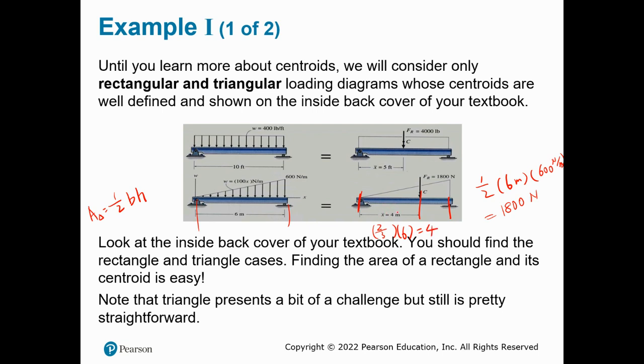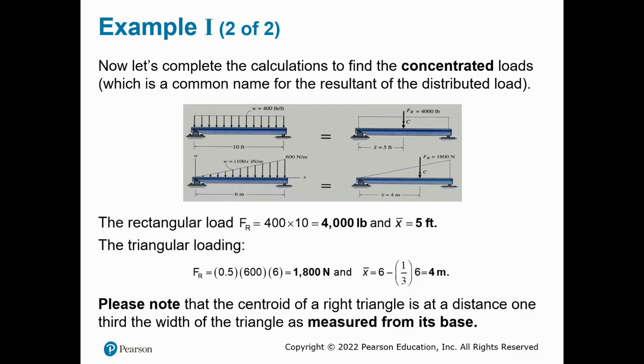The centroid of this triangle is 2/3 from the top and 1/3 from the base, and 1/3 of 6 is 2 meters, so down here is 2 meters. Overall, we have 6 meters together. There's a bunch of calculation that I just went over, and please note that the centroid of a right triangle is at a distance of 1/3 of the width of the triangle as measured from its base.